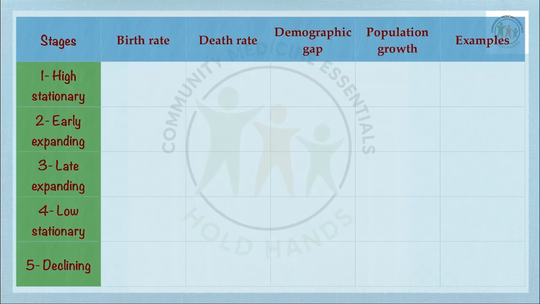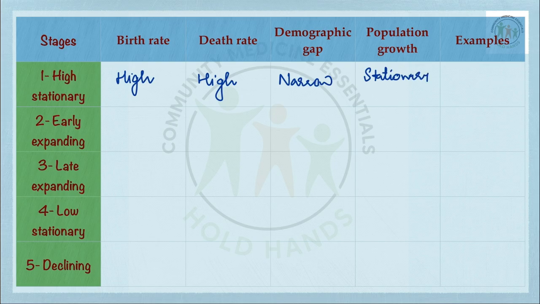Let's come back to this table. So first stage is high stationary stage. Here both birth rate and death rate are high. So demographic gap will be narrow. Population will be stationary. Examples: India till 1920.